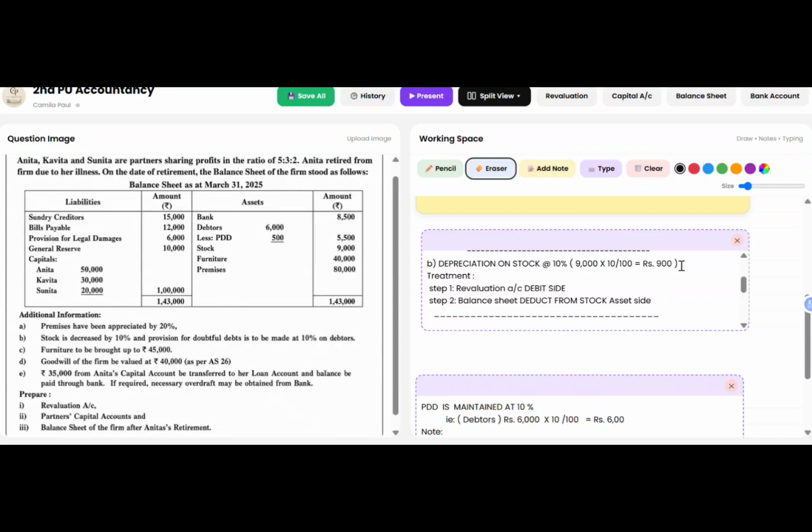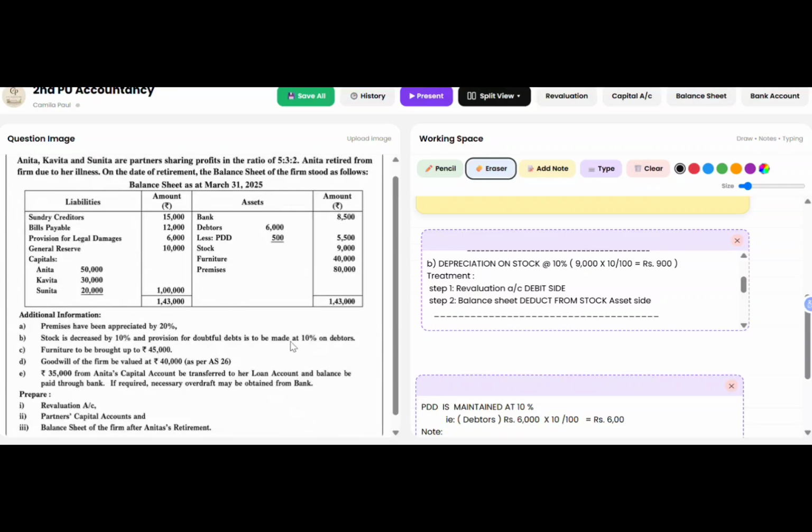So 9,000 into 10 by 100 will be 900 rupees. That is the depreciation of stock, a decrease in the value of the asset. How to treat it in the revaluation account? It will come on the debit side, 900 rupees, and in the balance sheet we will deduct it from the stock on the asset side.